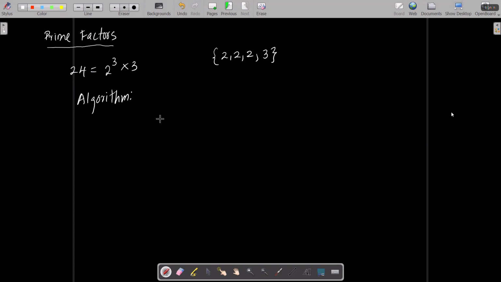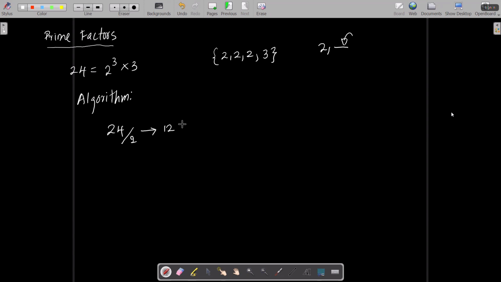We take 24 and we take the first prime number. Actually, we iterate from 2 to some unknown value. I will let you know the break condition shortly, but for now, we should start from 2. Now 2 is a prime, so we check whether this can be divided by 2. Yes, this will give us 12.